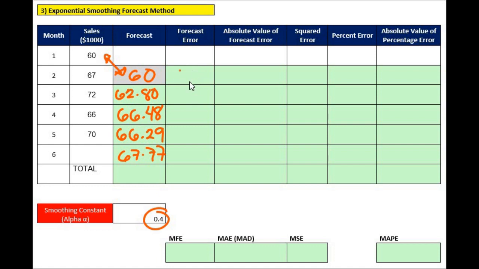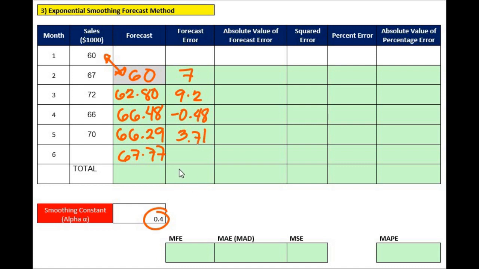Again, for the forecast error, we subtract our actual sales minus our forecast. This would be 7. And the next one, 72 minus 62.80, that would be 9.2. 66 minus 66.48, that would be negative 0.48. 70 minus 66.29, that would be 3.71.